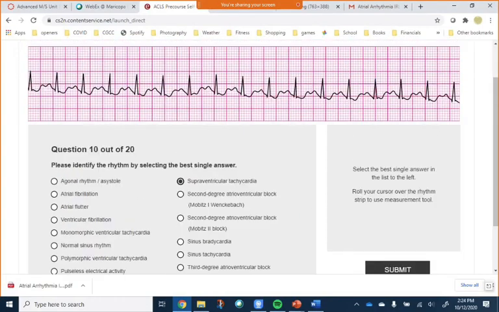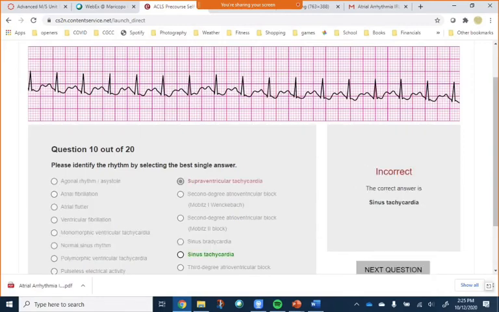They might want to call it a sinus tachycardia because what I'm seeing here is possibly a P wave before every QRS, but I think I need to slow this down to find out if it's an A flutter. So I'm going to call it an SVT. Let's see. I might get this one wrong. Nope, they wanted to call it a sinus tachycardia. For me, I would call it an SVT because I'm not sure enough that those are normal P waves.